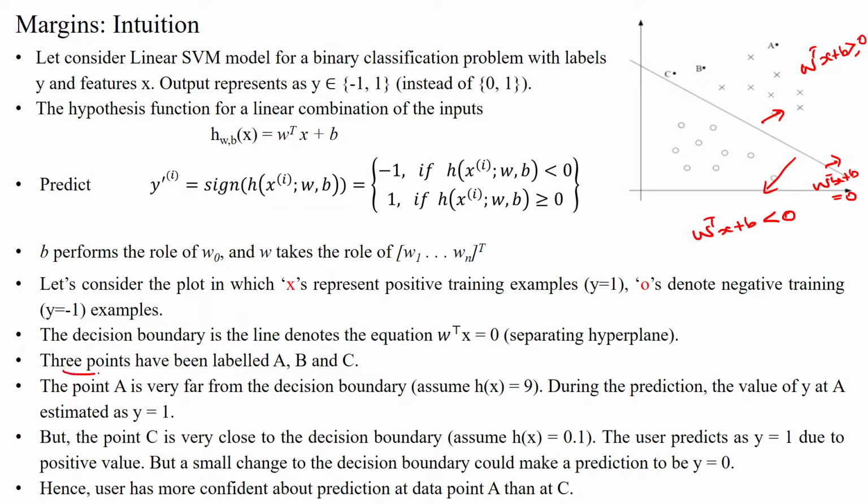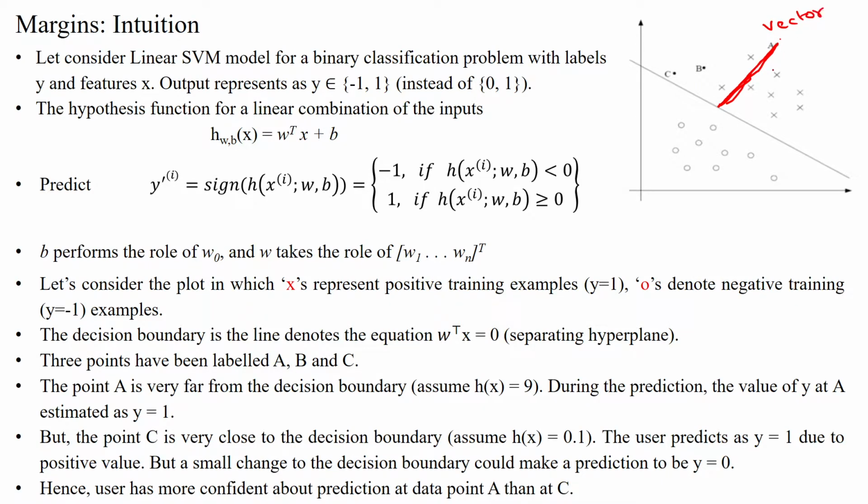Here we have taken three data points: point A, point B and point C. Point A is very far from the decision boundary. The data points are perpendicular to the hyperplane, and each data point is assumed as a vector.